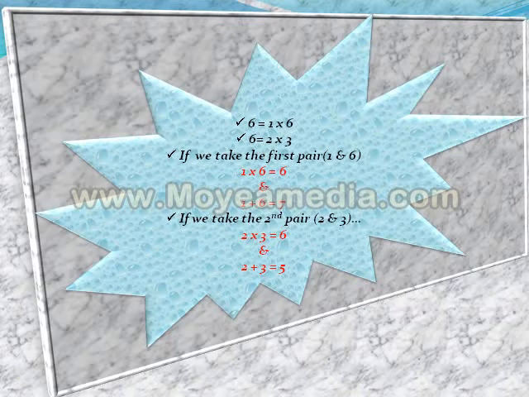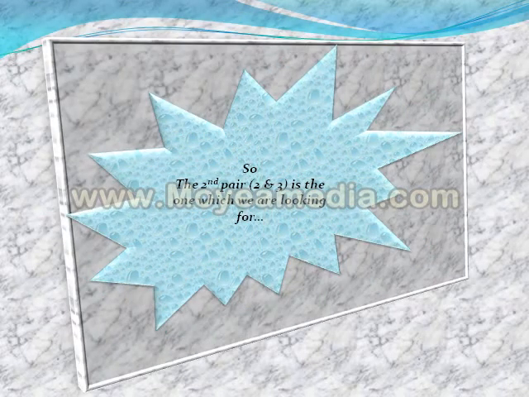So 2 and 3 is the most wanted pair which we are looking for. And remember, when you have many pairs of factors of a number, only one pair is going to satisfy these two conditions.